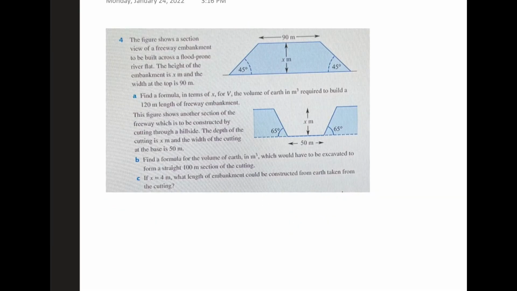Okay, now the figure shows a section view of a freeway embankment to be built across a flood-prone river flat. The height of the embankment is x meter, and the width at the top is 90 meters. So this is the width.